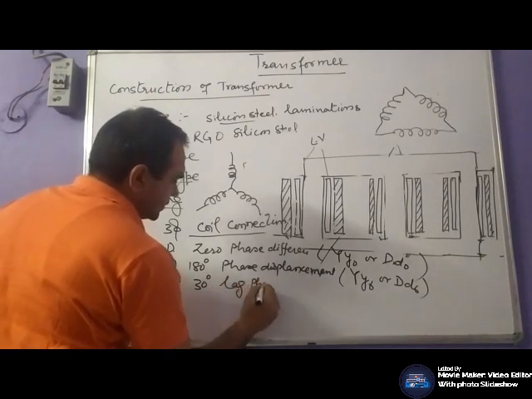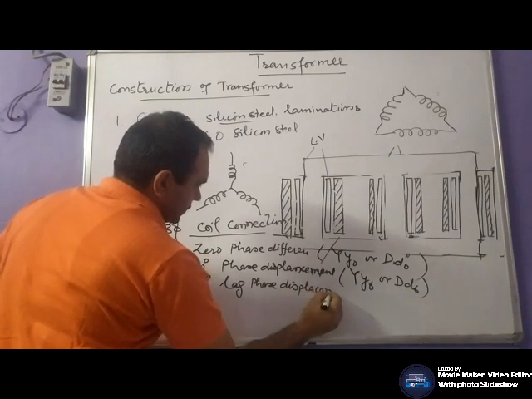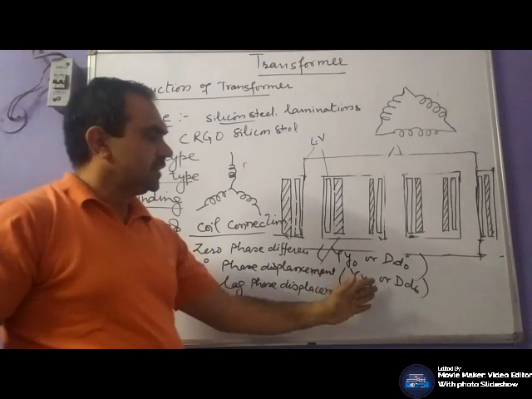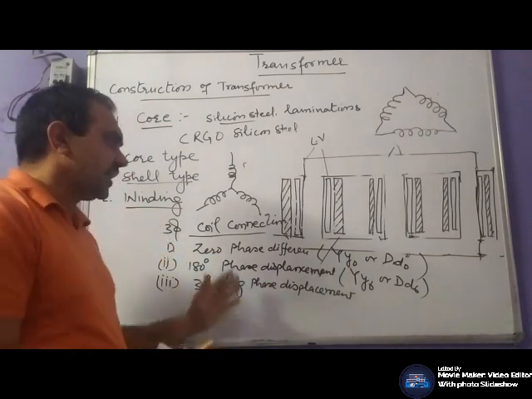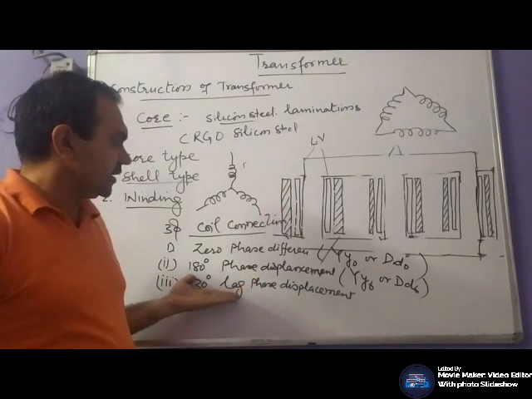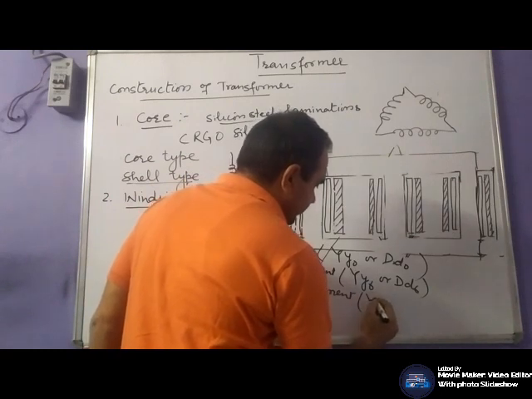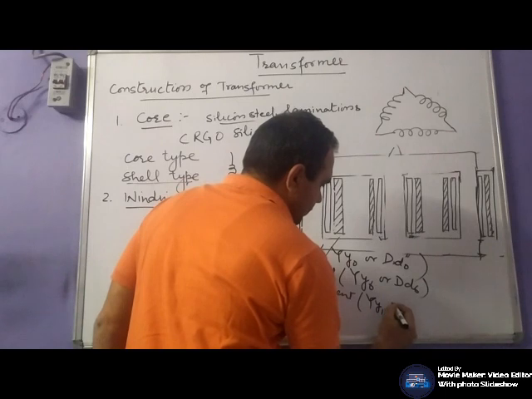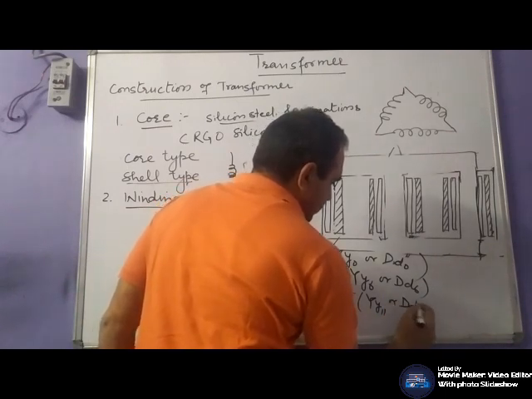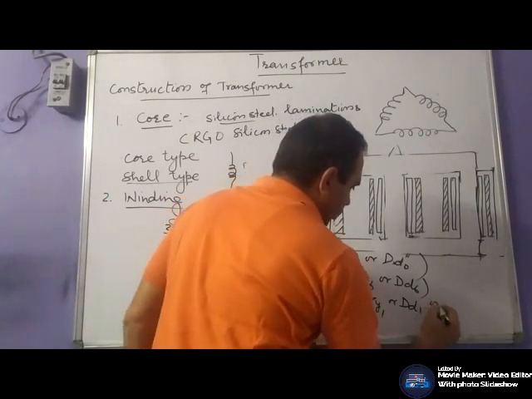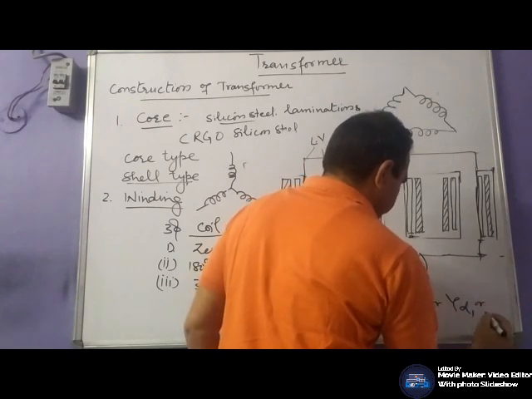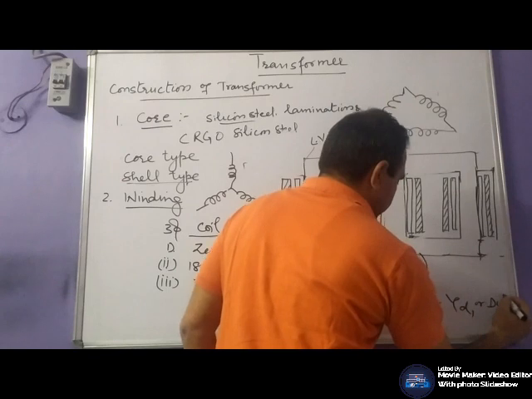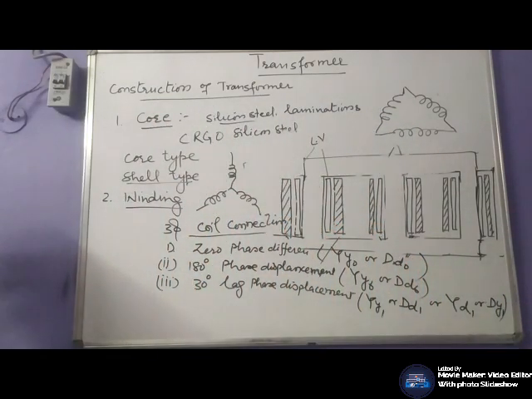The next group is 30 degree lag phase displacement. It means your secondary side lags by a phase angle of 30 degrees, that is, the EMF of the secondary side lags the EMF of the primary side by 30 degrees, and that is denoted by Y1 or YD1 or DY1.